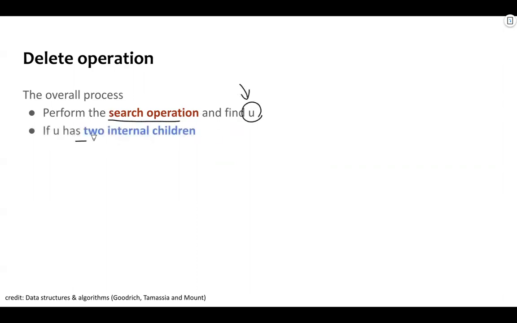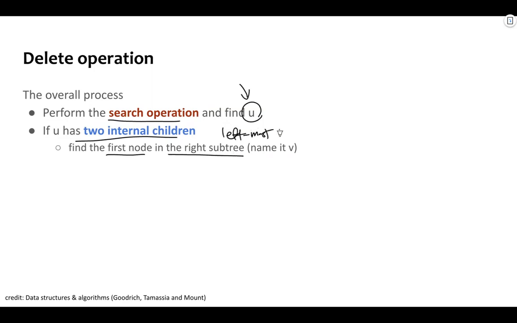And if U has 2 internal children, then find the first node in the right subtree. So it is going to be the leftmost node in the right subtree. And let's name it V. And we're going to replace the value of U with that of V. So we're exchanging U and V, and then going to delete U.